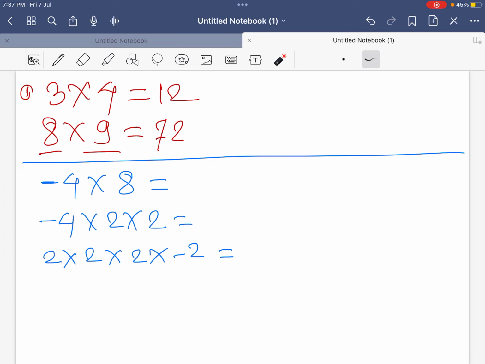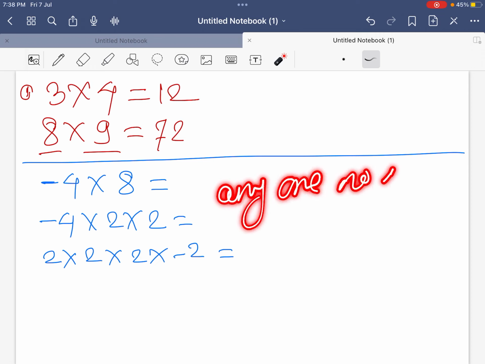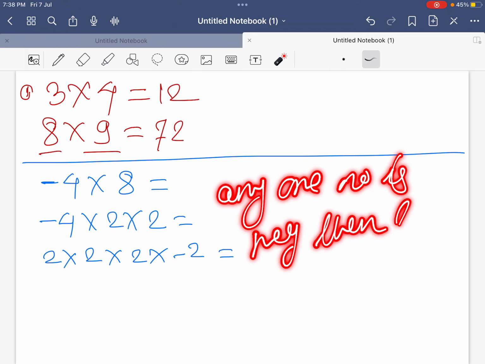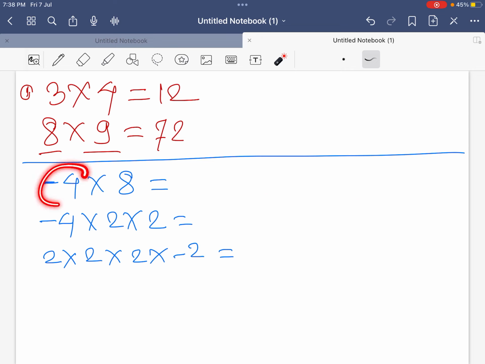So in this case we have to keep in mind, if any one number is negative, then the answer is negative. Clear? So if any one number is negative, your answer is also negative.